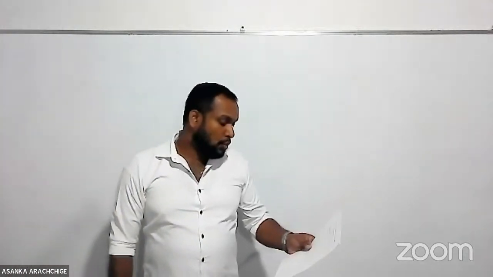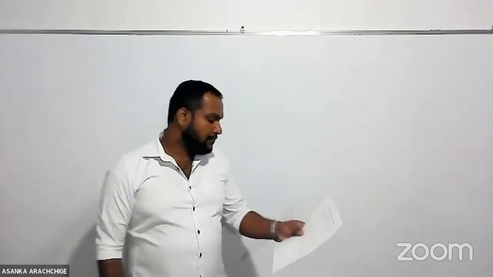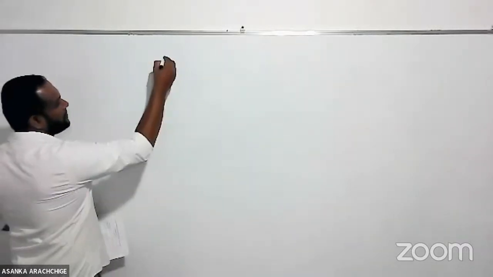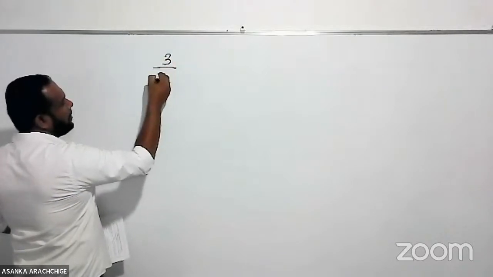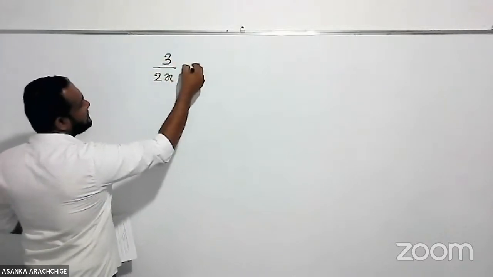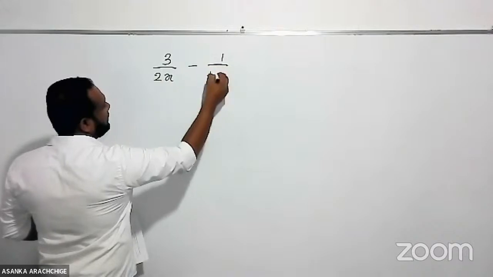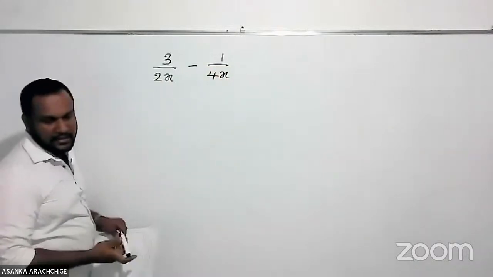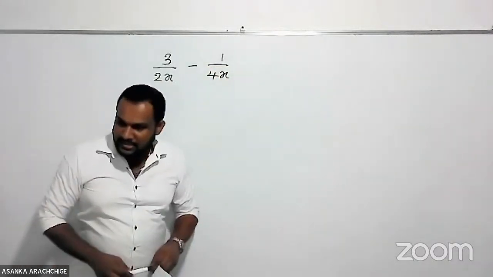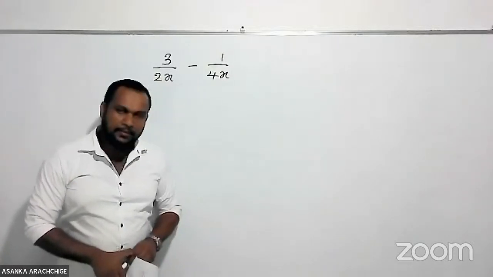Three upon 2x minus 1 upon 4x. 3 upon 2x subtraction 1 upon 4x. Right. The operation is subtraction.